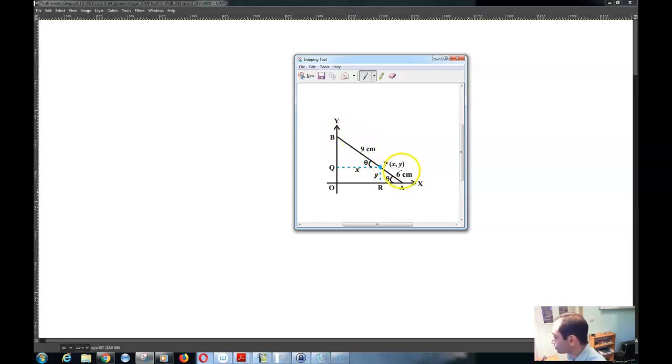A point P(x, y) is taken on the rod in such a way that AP is equal to 6 centimeters. Show that the locus of P is an ellipse.